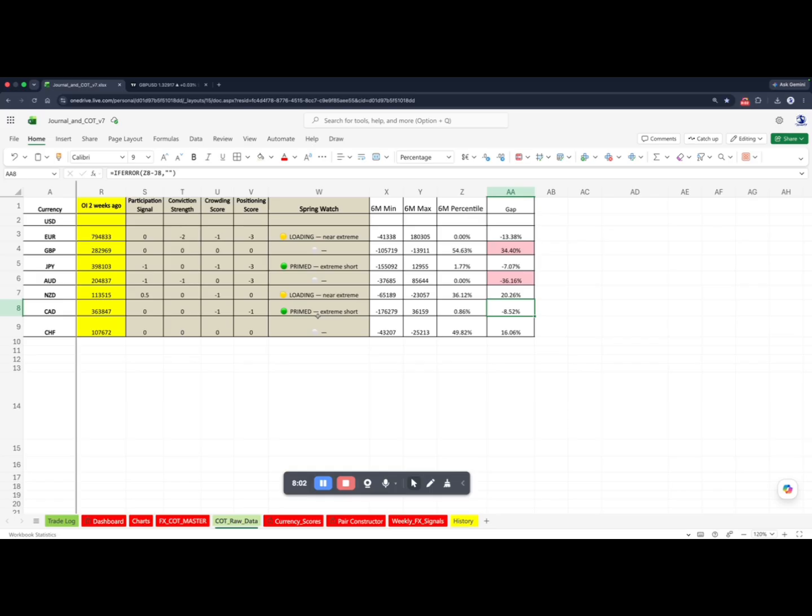Now, if you notice, it isn't picking it up here in the 6-month window. We've only got minus 8.52 and minus 7% because this is only looking for a 6-month extreme. Relative to 3-year data, it's not picking it up. That's why it's nice to have a window within a window.